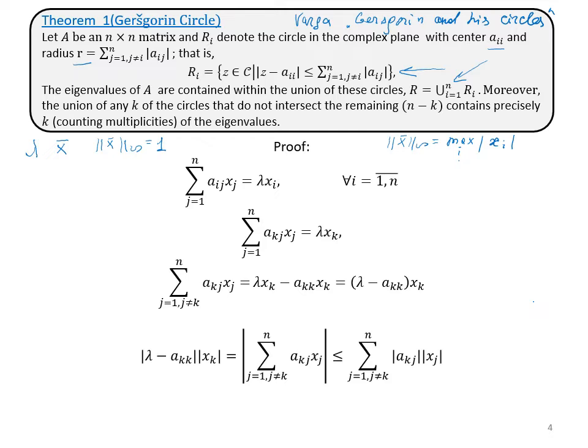Since x is an eigenvector of our matrix A, we can write down the vector form as follows by definition of eigenvector. As a consequence, the equivalent component representation will be the following. Let's say formula 1.